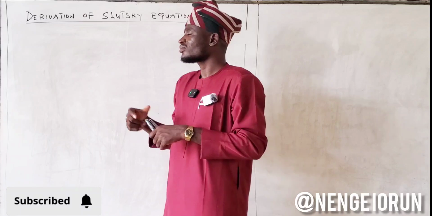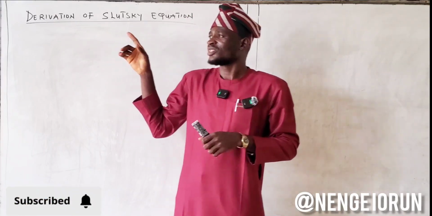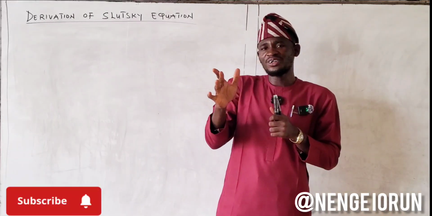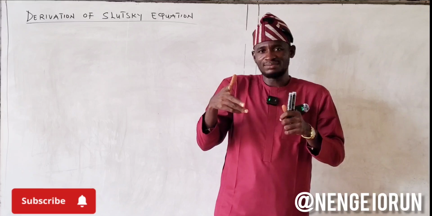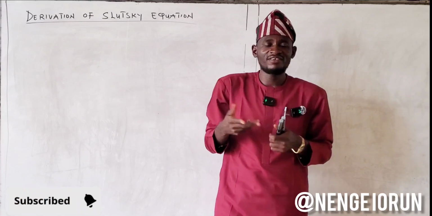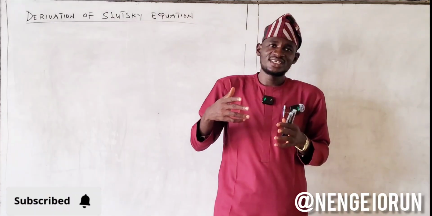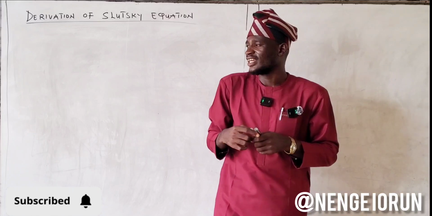The Slutsky equation is rooted in the fact that a small change in price along an ordinary demand function, or along a Marshallian demand function, can be decomposed into the substitution effect and the income effect.